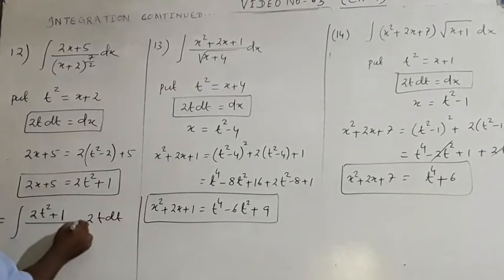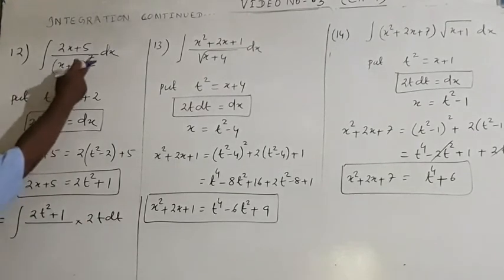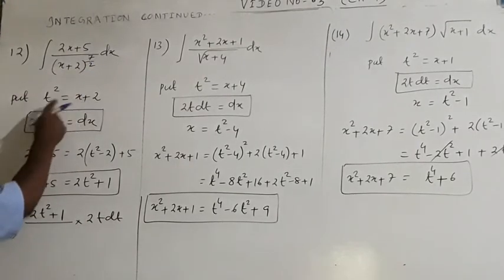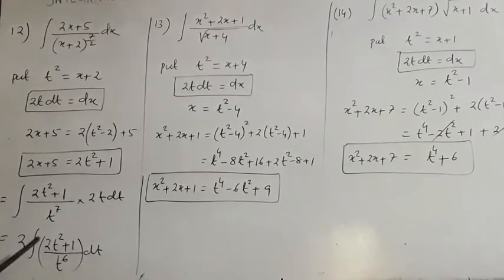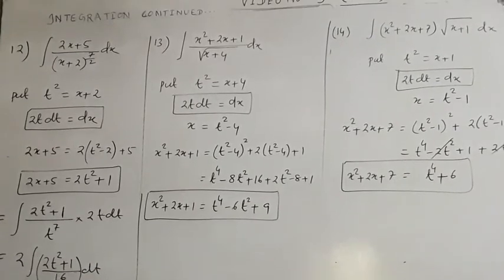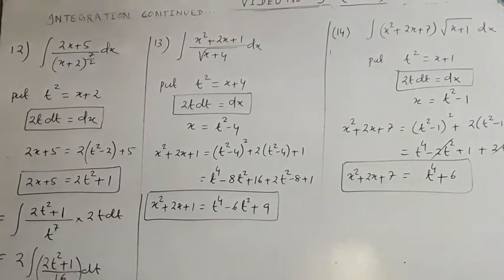In place of (x plus 2) to the power 7/2, you have to write (t^2) whole to the power 7/2, that is t^7. After simplification, it becomes 2t^2 plus 1, 2 is coming outside, and divided by t^6 dt. You can integrate it just by separating them: t to the power minus 4, t to the power minus 6. Then you have to do it by yourself.